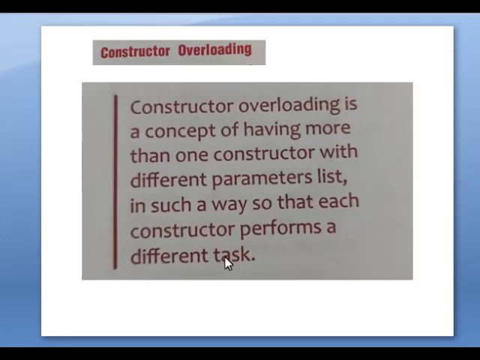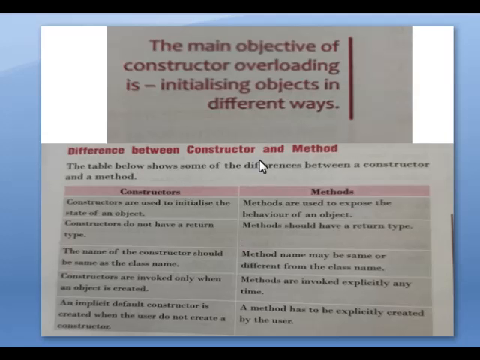The constructor's name will be the same, but the values used inside the brackets will be different, so that the constructor can do different tasks. The main objective of constructor overloading is initializing objects in different ways.